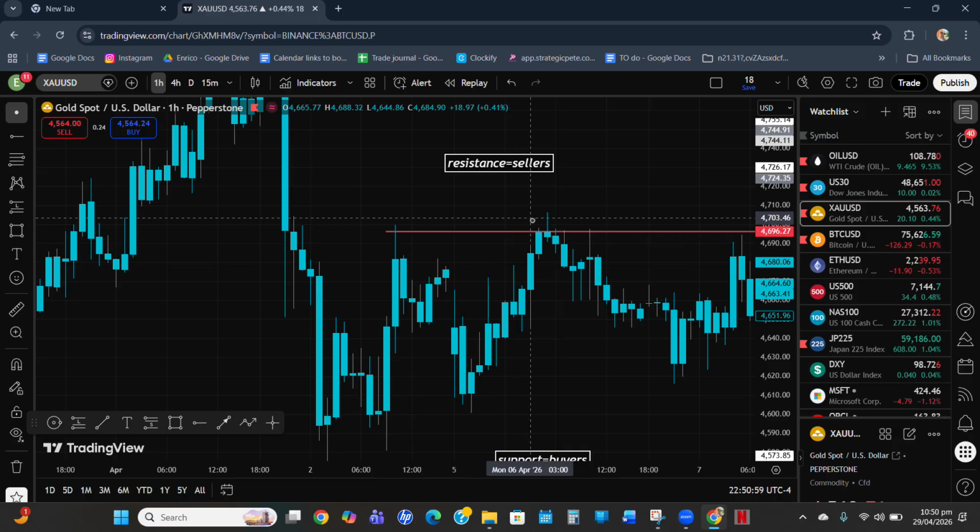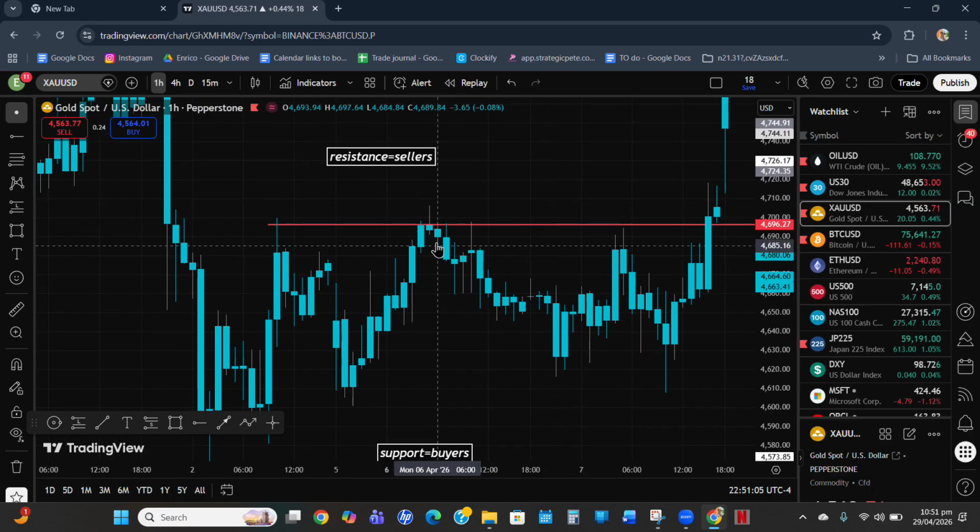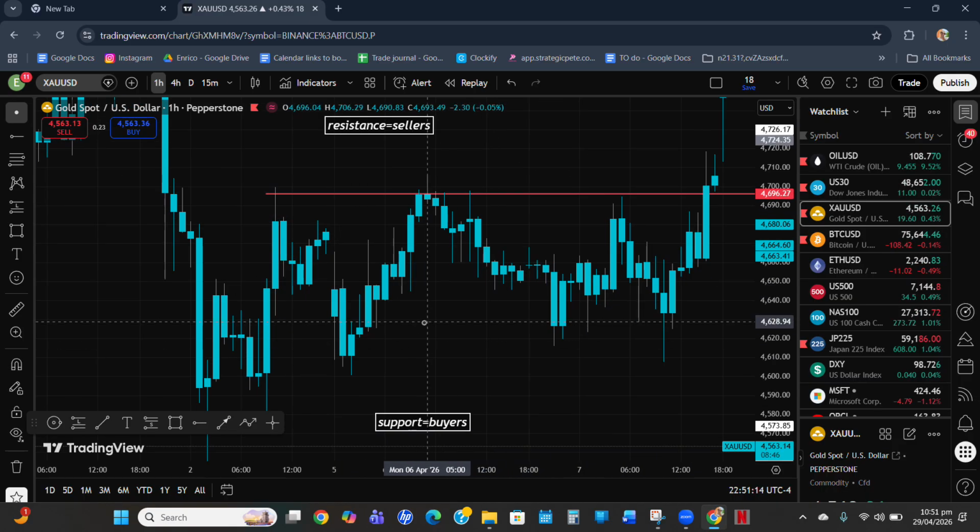So each time you see price is kind of rejecting from an area, you can mark out your resistance if sellers are pushing price down. For example, let's go here as well for our support.